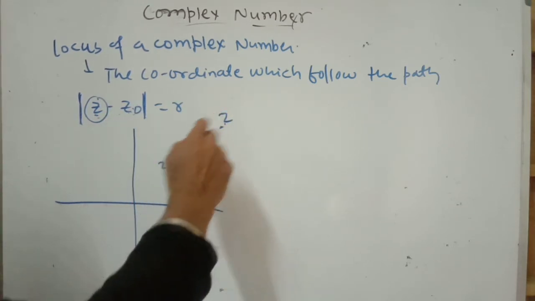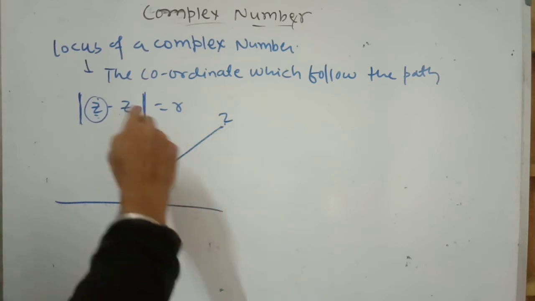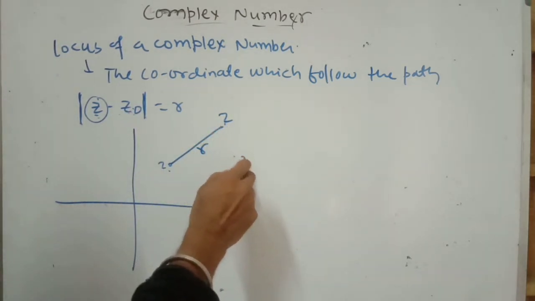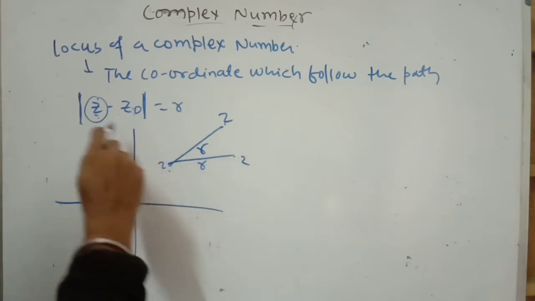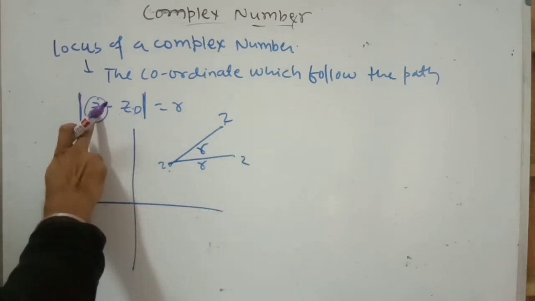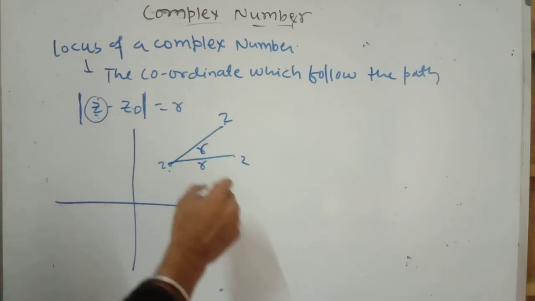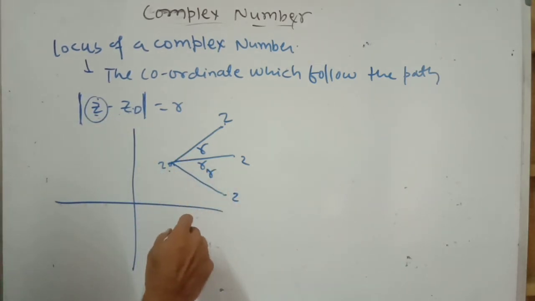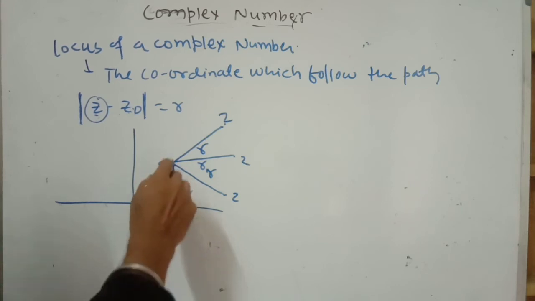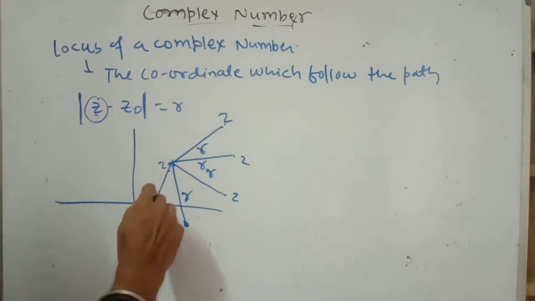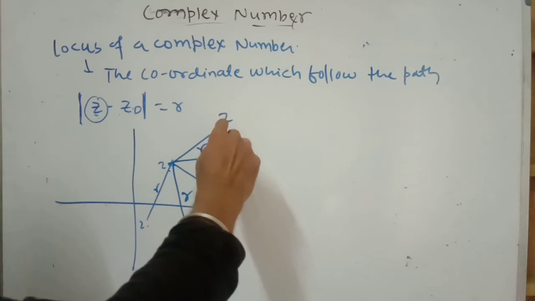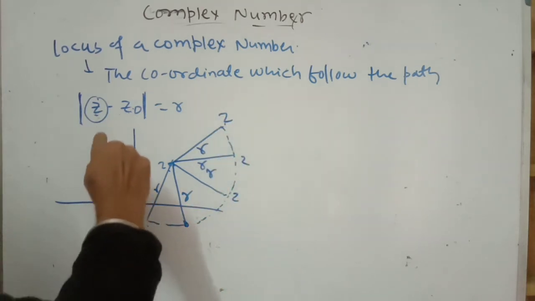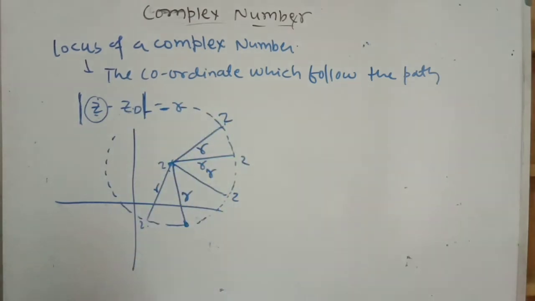So the distance of z from z naught is R. So maybe z is here, because here only it is given that the distance of z from z naught is R. Maybe z is here, distance is R. Maybe z is here, distance is R. So when you draw these points, it will become a circle.